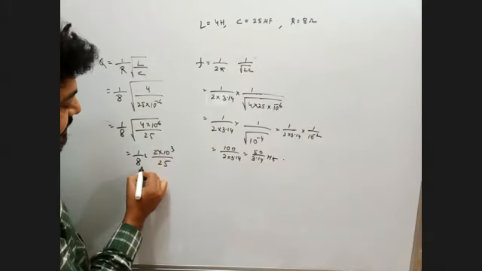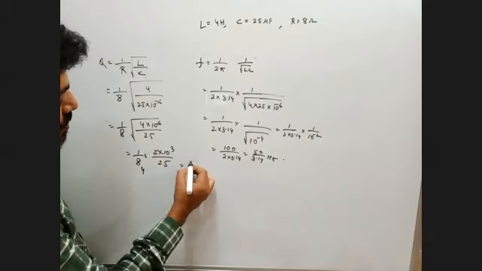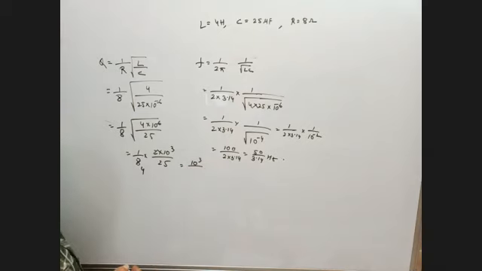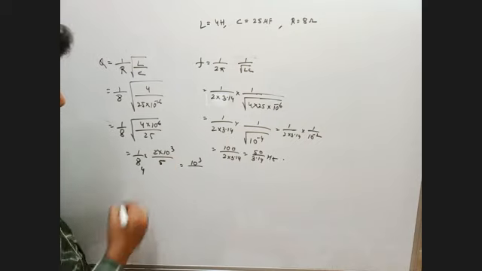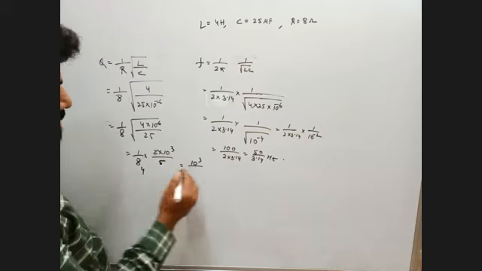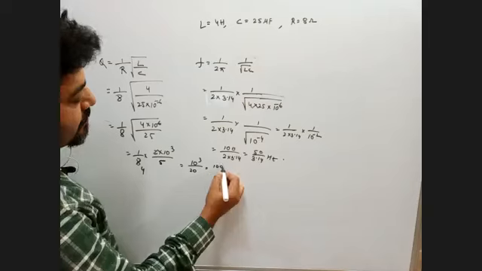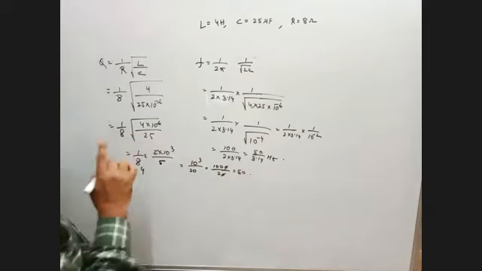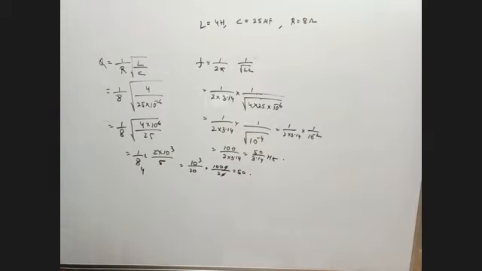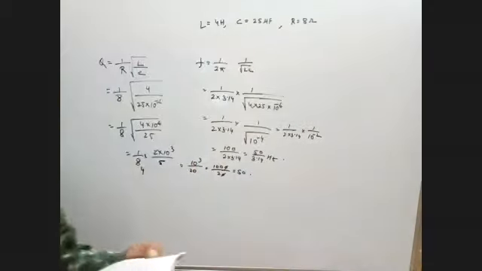Oh sorry, this will be 5. So what you have, 5, 10, 15, 20, 1000 by 20, that is 50. 50 is the Q factor.